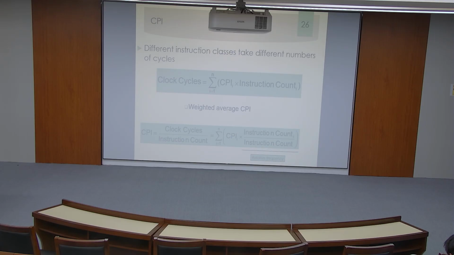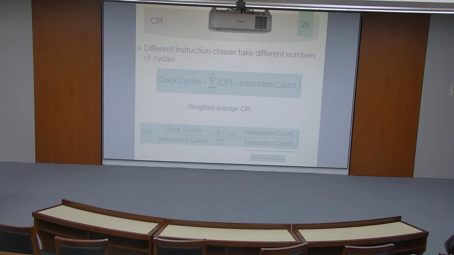CPI: different instruction classes take different numbers of cycles. So we need to calculate the clock cycles, which equals the summation of CPI times instruction count. Here we have the summation over i from 1 to n, where n is the number of instruction classes.